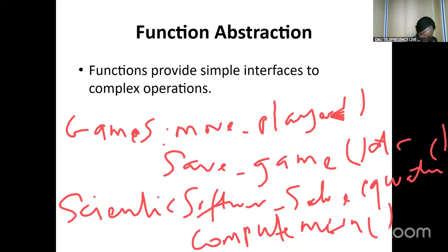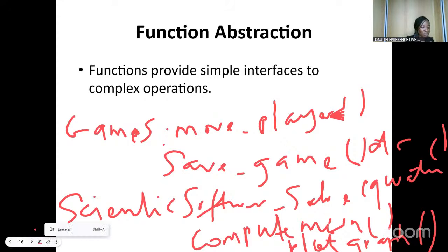It's a function. Everything is hidden. They plot graphs for you. You just call the function to plot the graph. You don't know how the graph is being plotted or what they are using to plot it. You just use plot graph and you get your results. So those are examples of abstraction in functions.